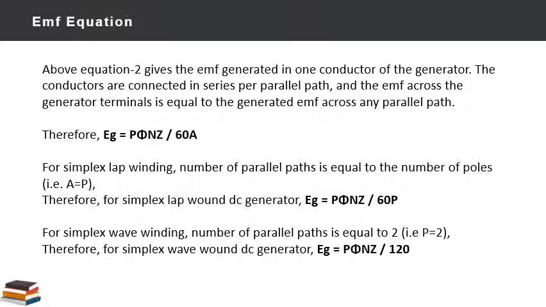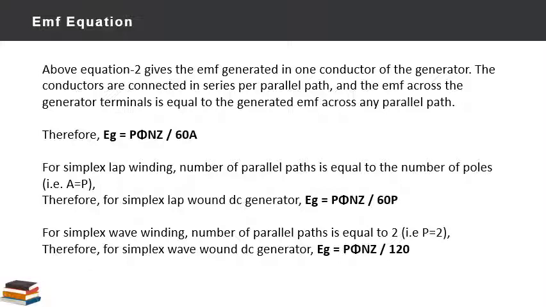For simplex lap winding, the number of parallel paths is equal to the number of poles. That means A is equal to P. Therefore, for the simplex lap wound DC generator, Eg is equal to P phi N Z upon 60 into P, because A is equal to P, the number of poles. This formula is used for numerical purposes.